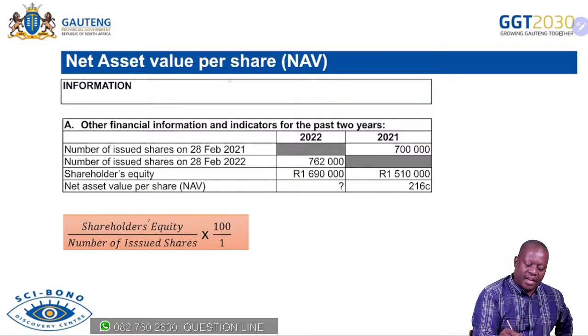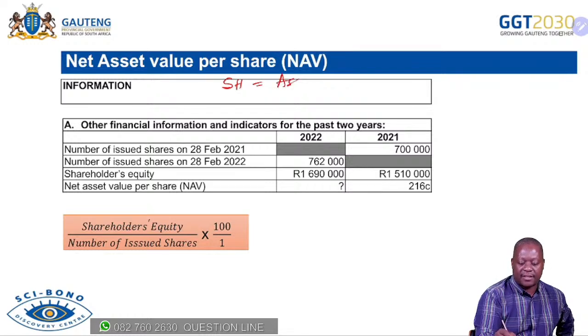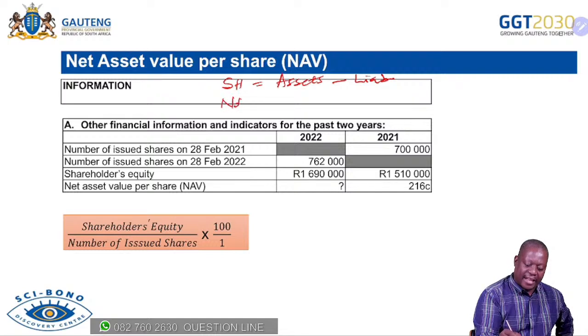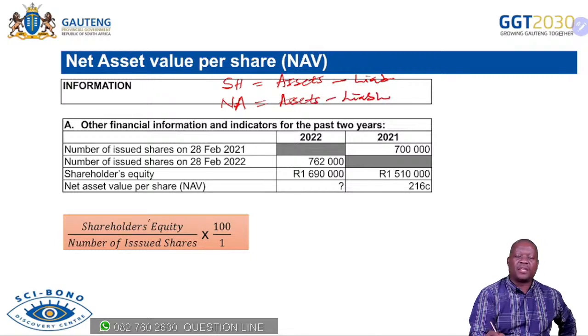How do we find our shareholders' equity? Remember, it is going to be assets, total assets, minus our liabilities. And how do we find our net assets? Still the same thing. Assets minus liabilities. So it therefore means what?